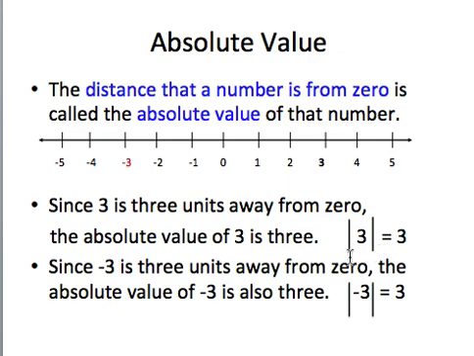You would read this symbolic statement, the absolute value of 3 is 3 or equals 3. Correspondingly, since -3 is 3 units away from 0 to the left, here it is, 1, 2, 3, then the absolute value of -3 is also 3. So the absolute value of -3 equals 3.